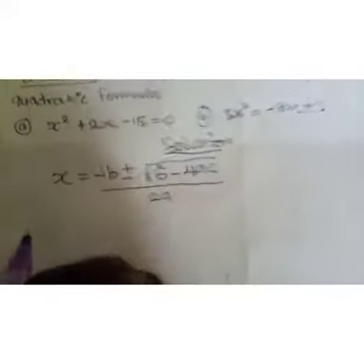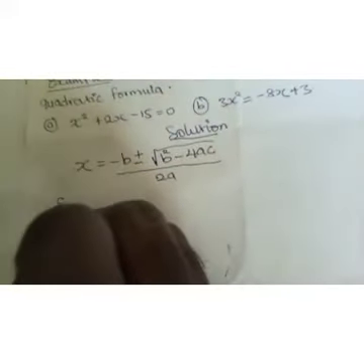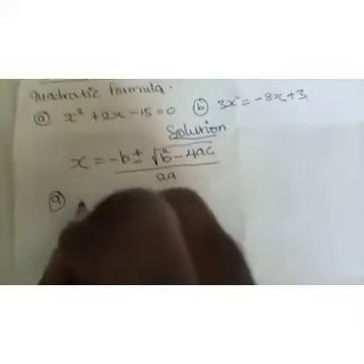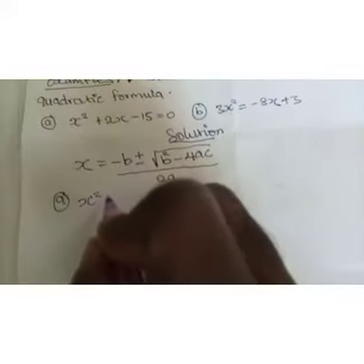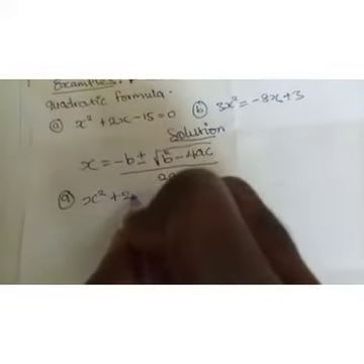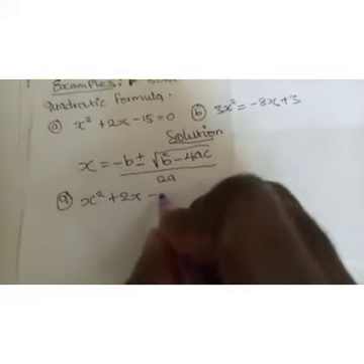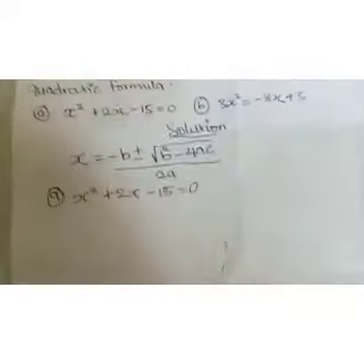So in example A, we have x squared plus 2x minus 15 equals 0.